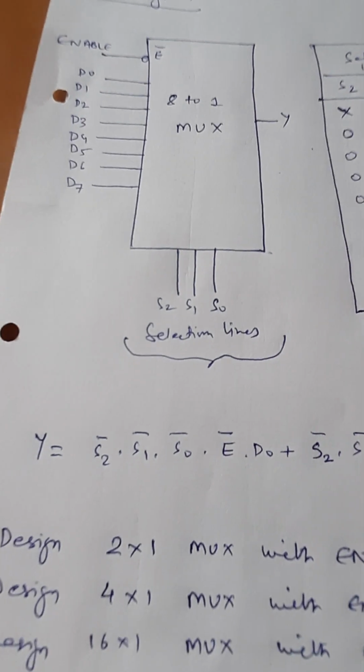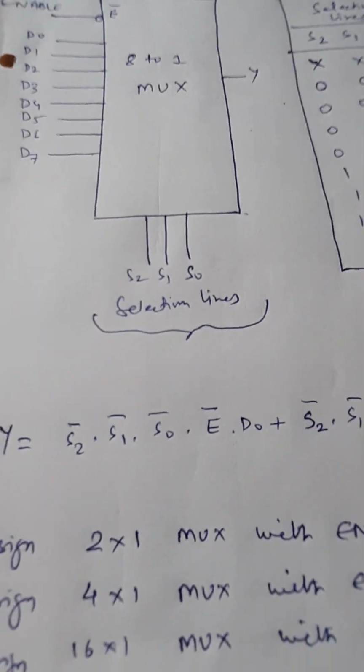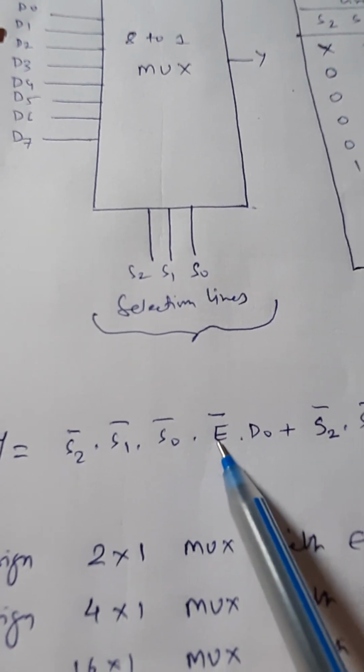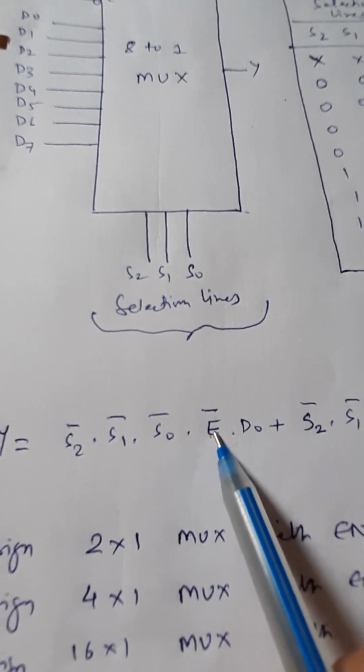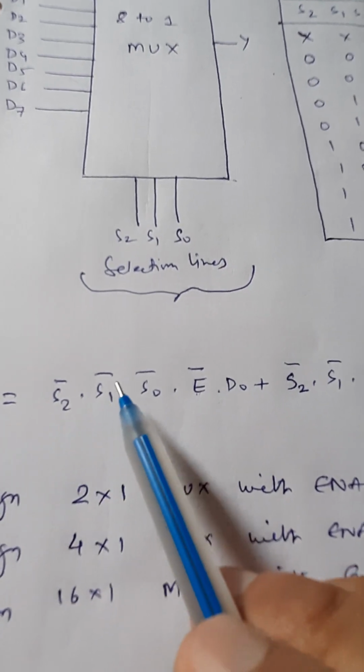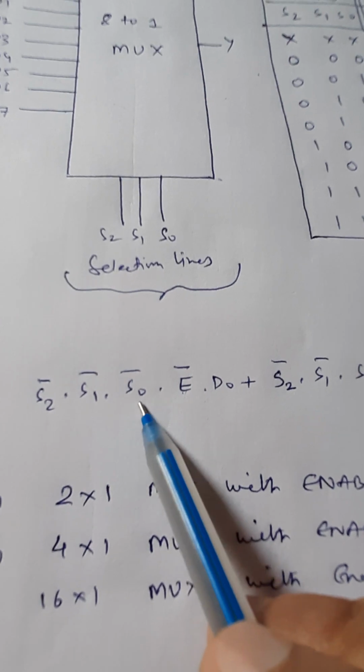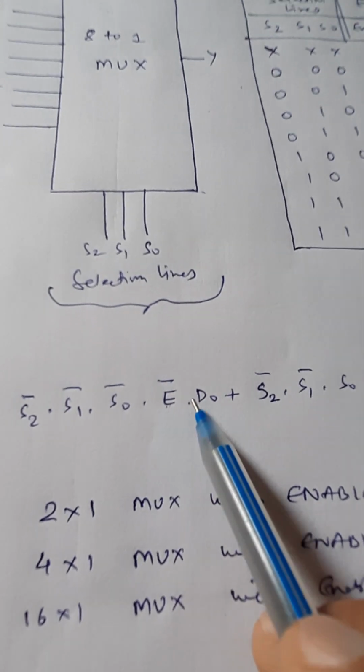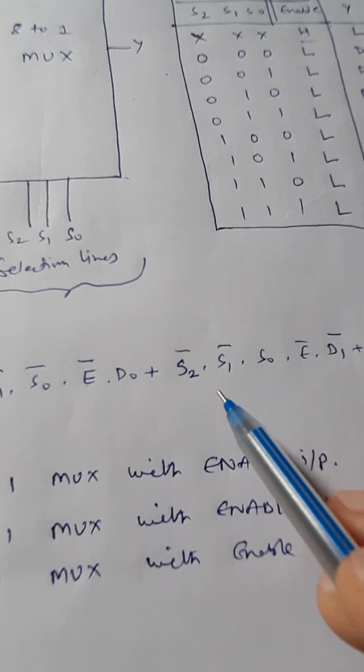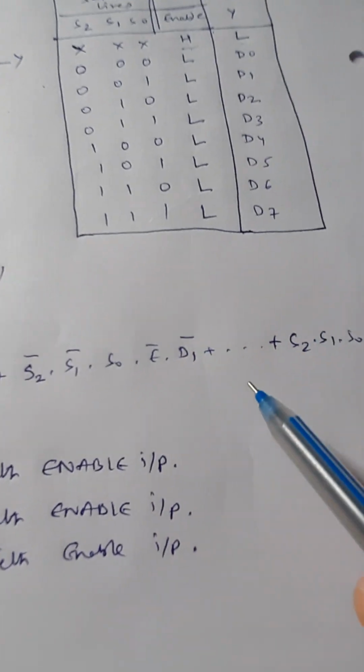So this is the Boolean expression. Now it is changed a little bit. We have one more extra parameter, that is E bar. So S2 bar dot S1 bar dot S0 bar dot E bar dot D0 plus S2 bar with the next combination, and so on.